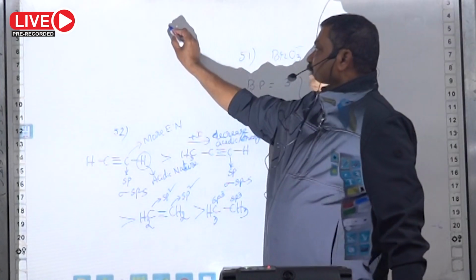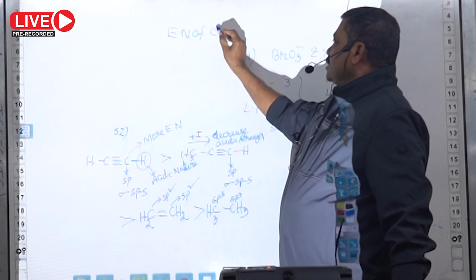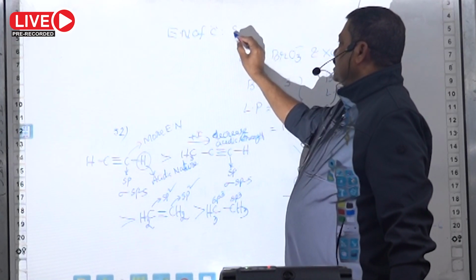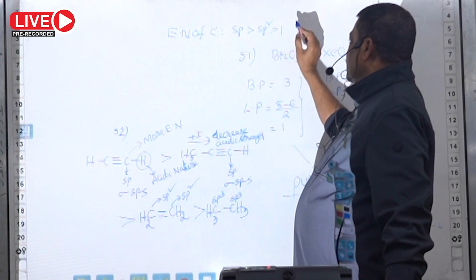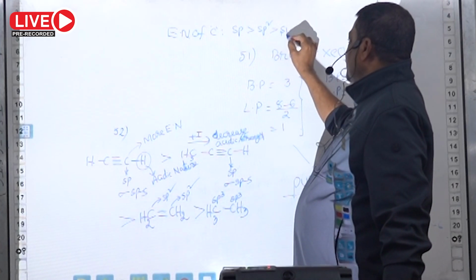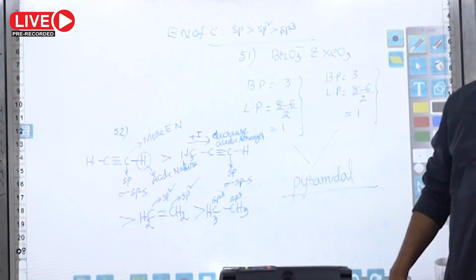So electronegativity of carbon decreases: sp greater than sp2 greater than sp3. This is the electronegativity of carbon.